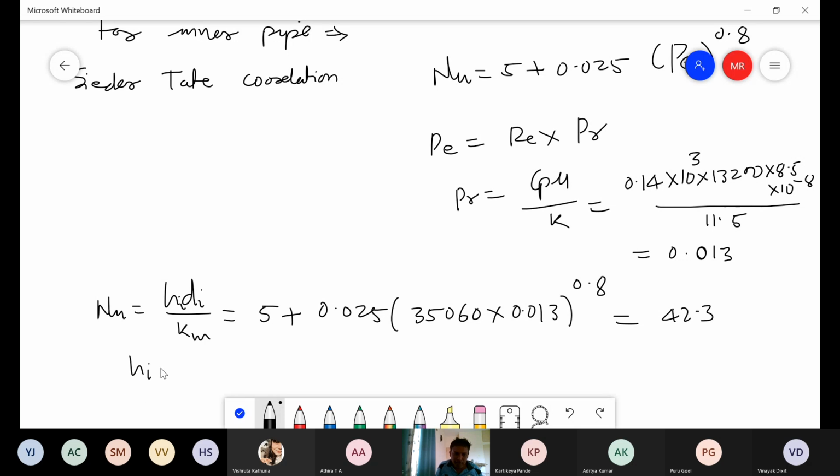So hi will be given as 42.3 into km. The thermal conductivity of the mercury is given as 11.5, divided by the diameter. The diameter in this case is 0.0135.